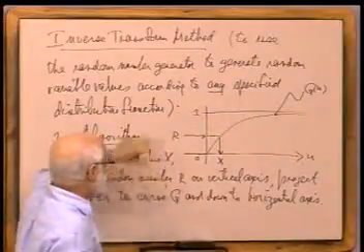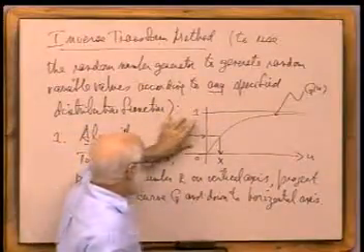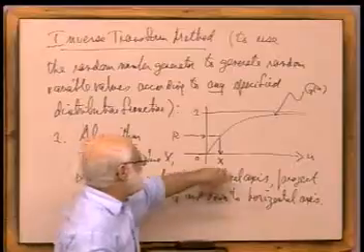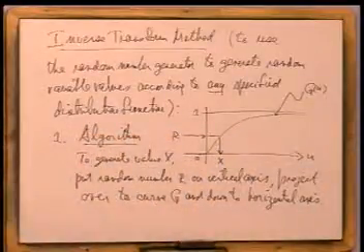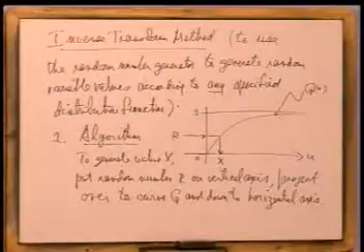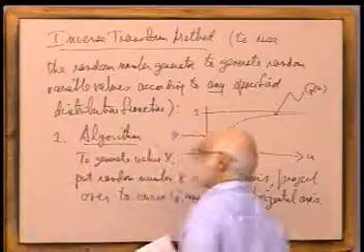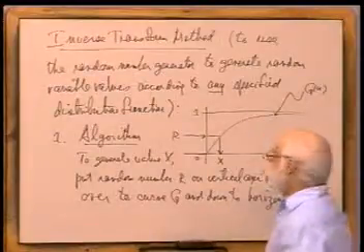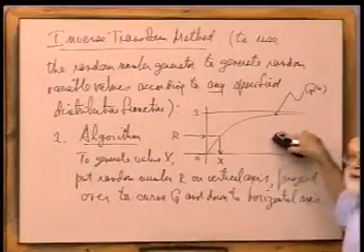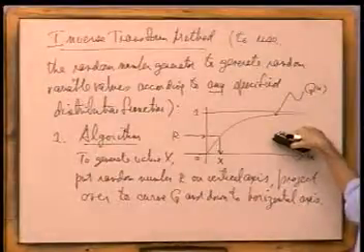Now, the theorem is that if the r is uniform, then x will have its distribution G. Since I'm running out of space, I don't want to erase this. And since the educational theorists say that we shouldn't have more blackboard space for some reason, let me erase this. So this is about to go. Everybody okay on this?